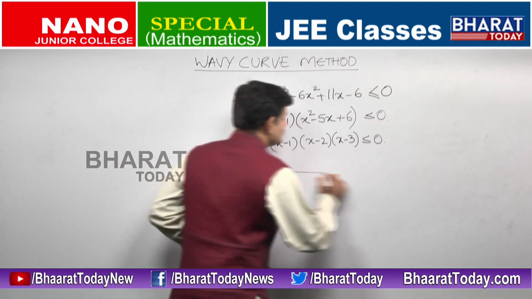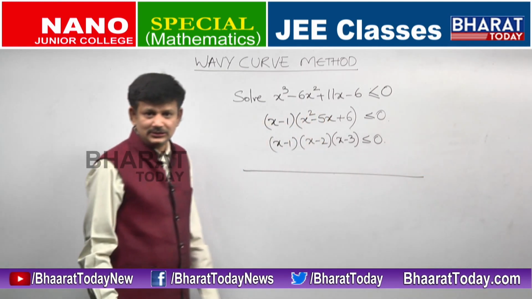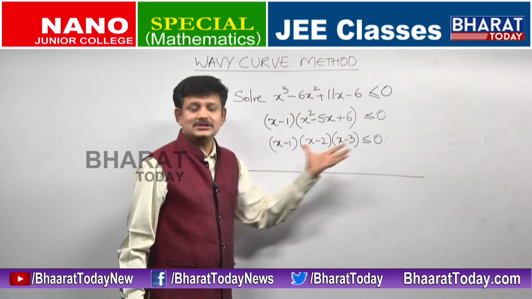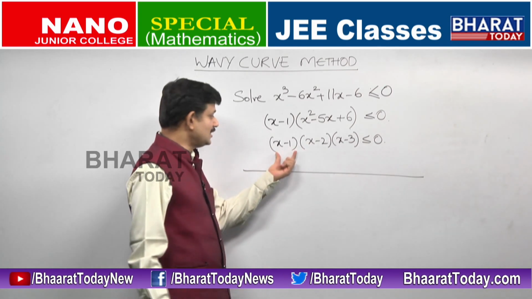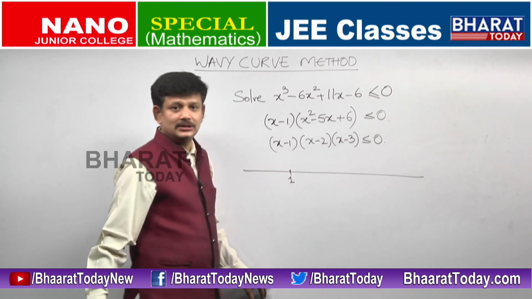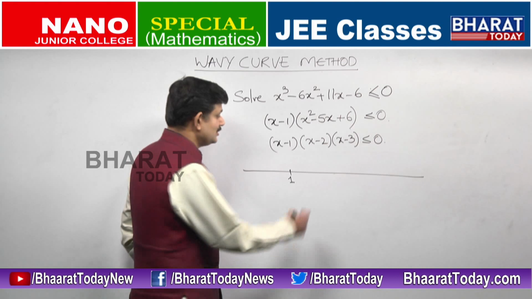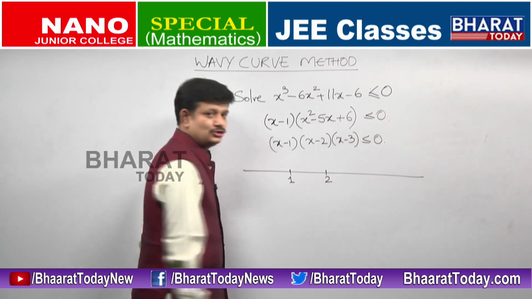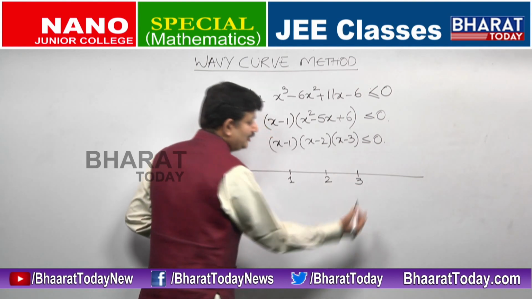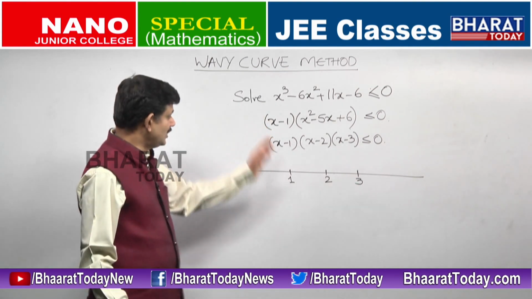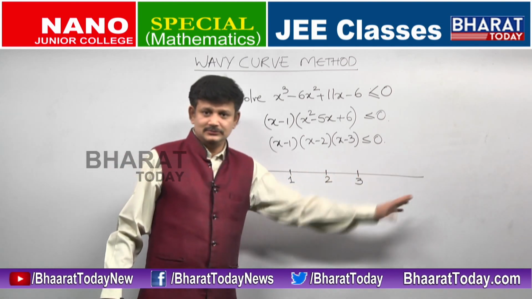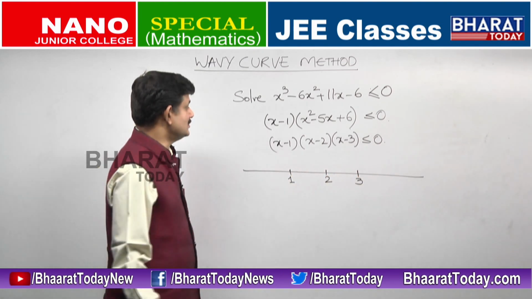Now to understand the sign of this entire expression, it depends on the sign of each of these terms. To understand the sign of x minus 1, I want to cut the number line at 1. To understand the sign of x minus 2, I have to cut it at 2. To understand the sign of x minus 3, I have to cut it at 3. So cut the number line at 1, 2 and 3. Effectively how many parts? 4 parts. So our discussion has 4 cases.